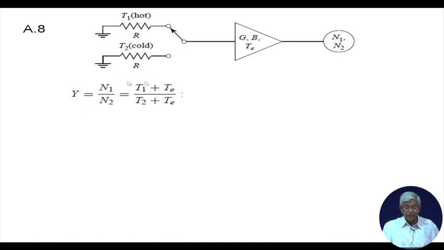The ratio of the powers you measured is equal to T1 plus Te by T2 plus Te.